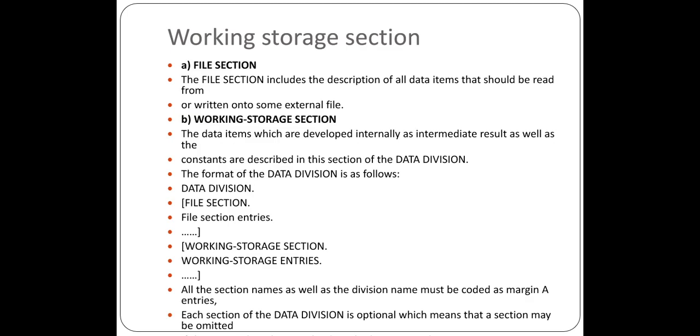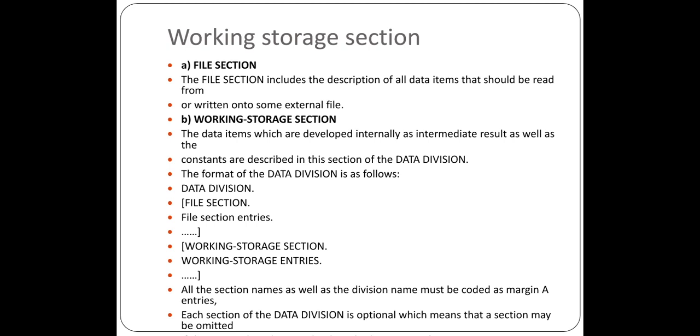The file section includes the description of all data items related to the files that you're going to use within your program. The working storage section holds items developed internally as intermediate results, as well as the constants that you're going to use within your program. So you have data items and also listings of constants.